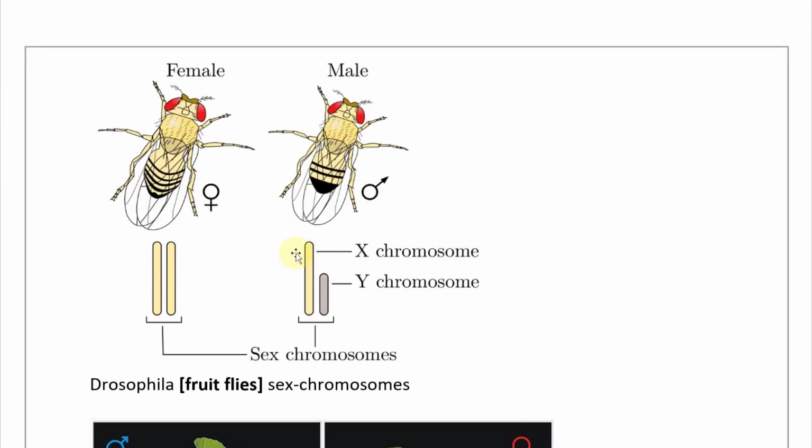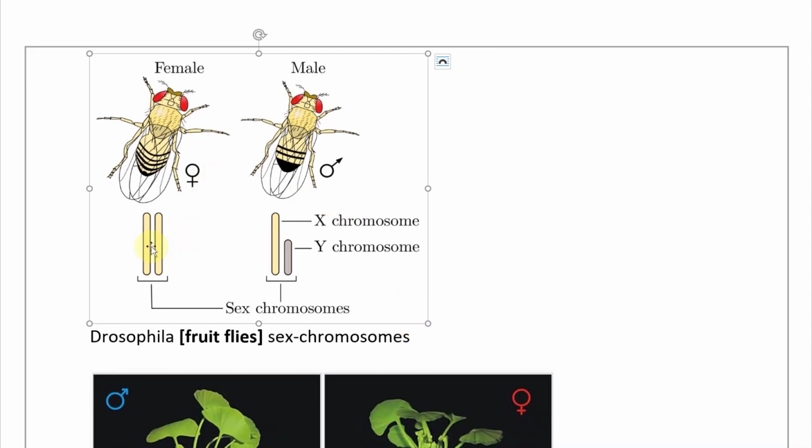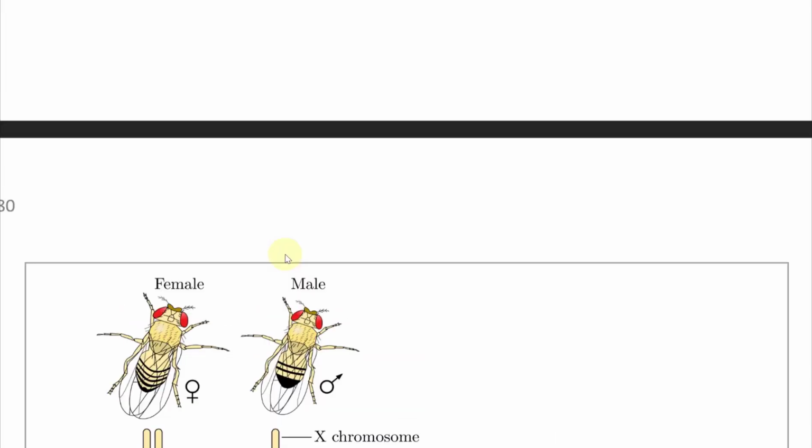So here is a Drosophila, a fruit fly, and their sex chromosomes. The female has both X sex chromosomes, and the male has an X and a Y. The Y is typically smaller.